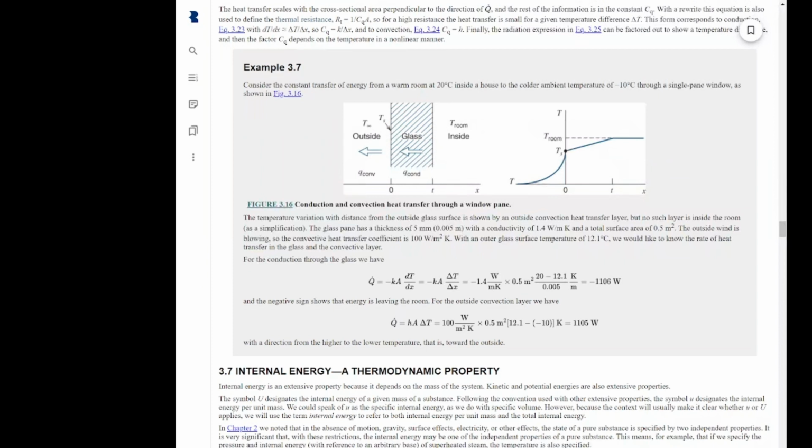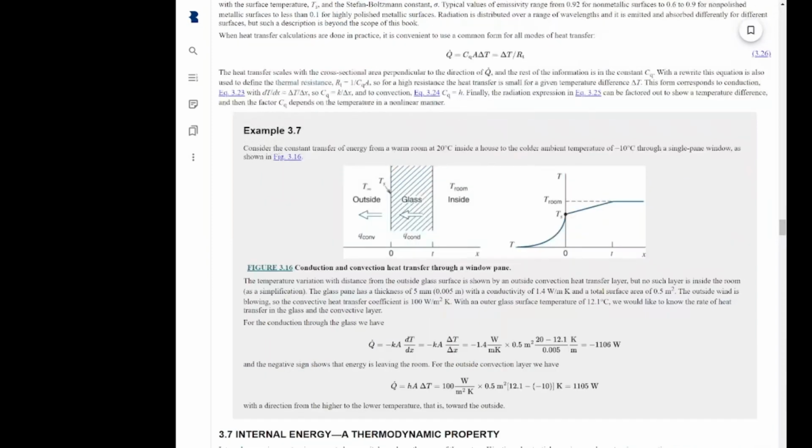With the outside wind blowing, the convective heat transfer coefficient is 100 watts per meter squared K. With an outer glass surface temperature of minus 12.1 degrees, we would like to show the rate of heat transfer in the glass and the convective layer.